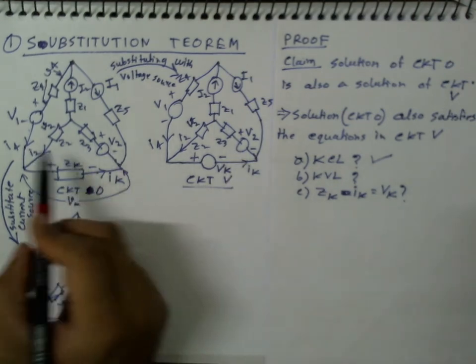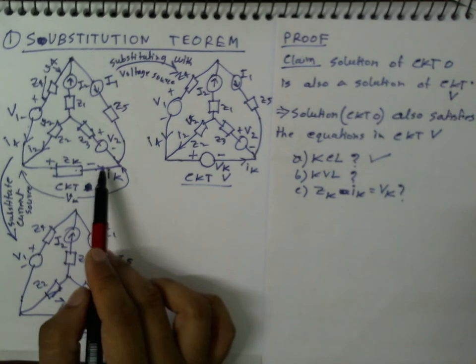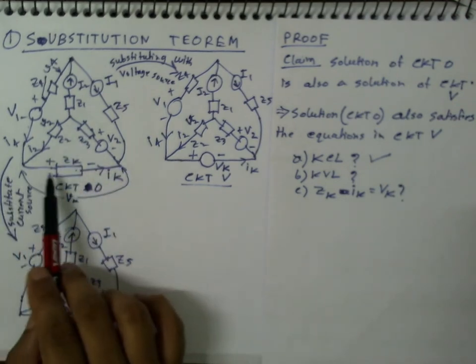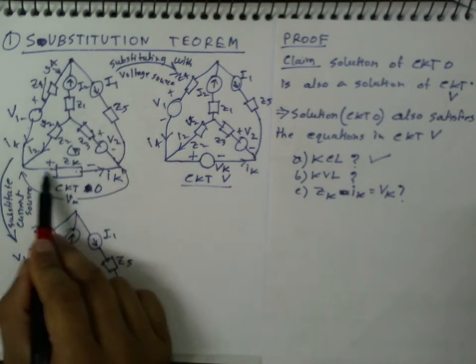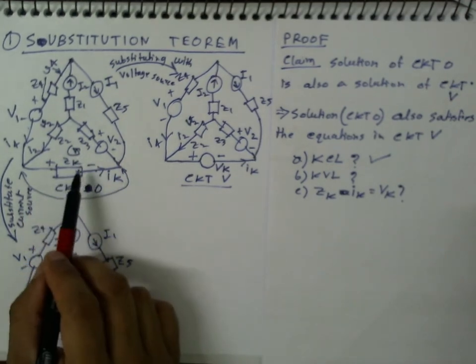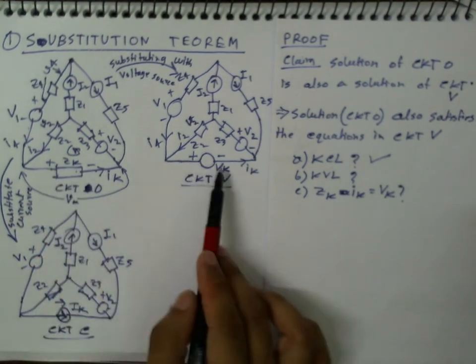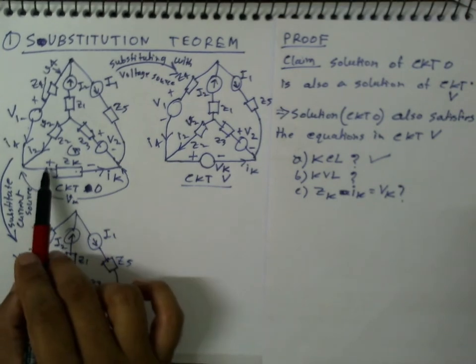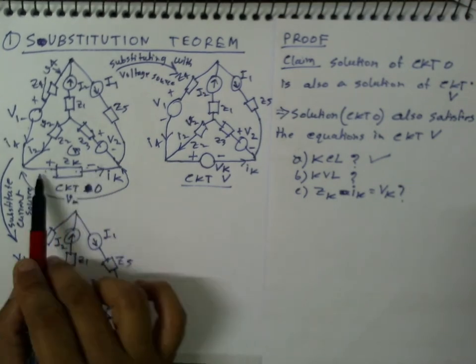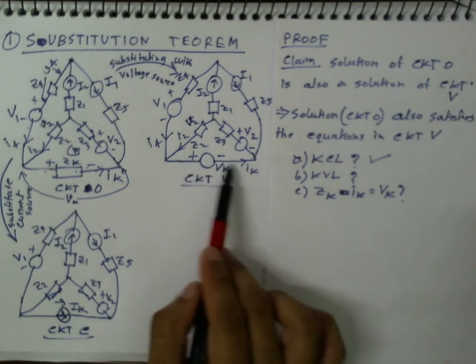Okay, you may consider this particular loop, because you might doubt that in this particular loop, one branch is actually replaced. So is this going to cause a problem, because this branch is not the same as this branch? But anyway, we have replaced it in such a way that the voltage drop across it in the original circuit is the same as the voltage of this voltage source.